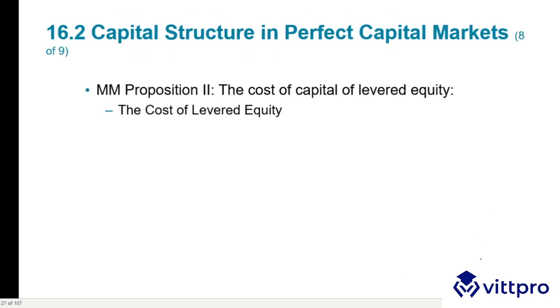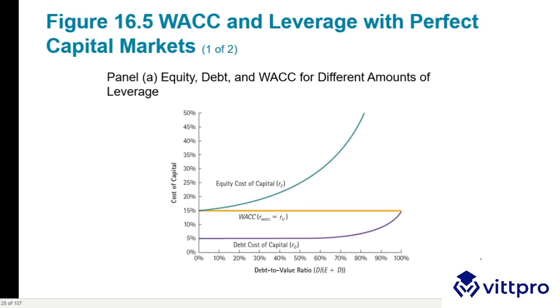The second proposition that they made was that the cost of capital in levered equity is going to be affected by the debt portion. So this was the formula. If you put in this formula, you will get the cost of return on equity. Levered return is equal to unlevered return plus debt divided by equity into unlevered return minus the cost of debt, which is 25% that we calculated in the past.